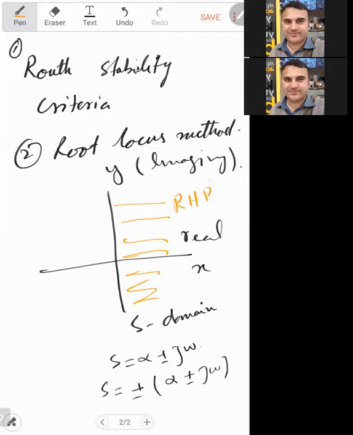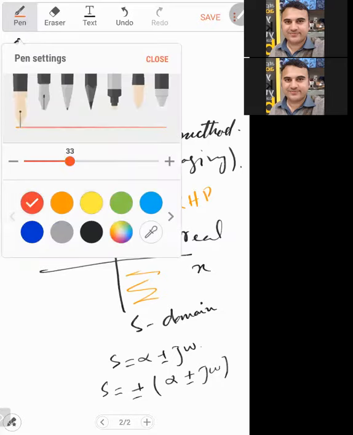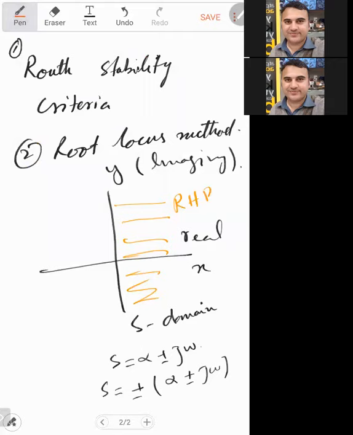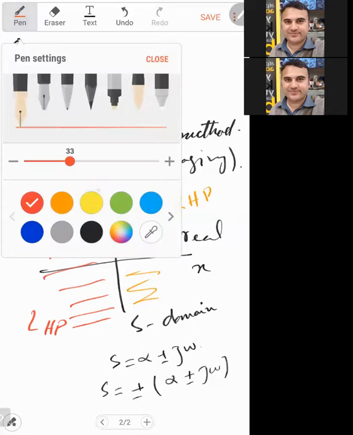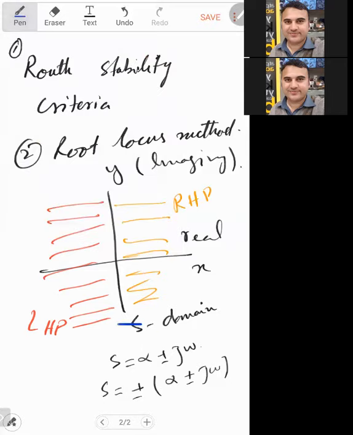Then we have another plane, which is called the left half plane, on the negative side of the imaginary axis. And the third one is the imaginary axis, which is the boundary.